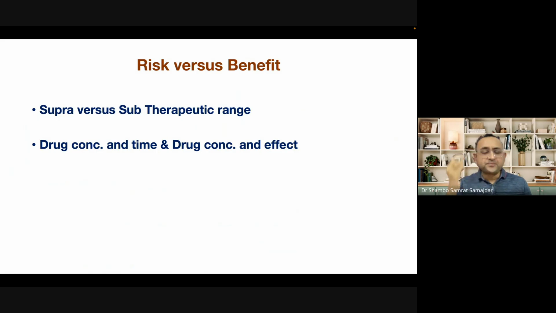Before going to the application in the patient, we need to understand the risk versus benefit with each therapeutic. That is why we need to understand two things. One is the supra versus subtherapeutic range, and the relationship between drug concentration and drug effect, and drug concentration and its effect with time, which need to be matched properly.